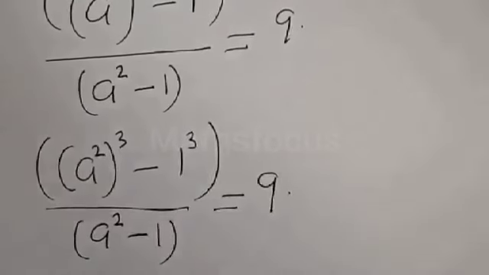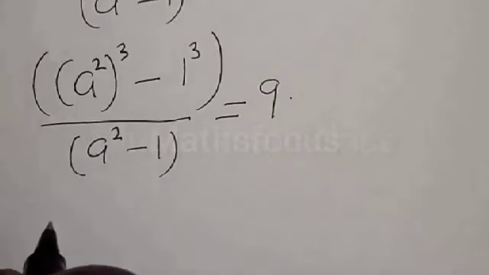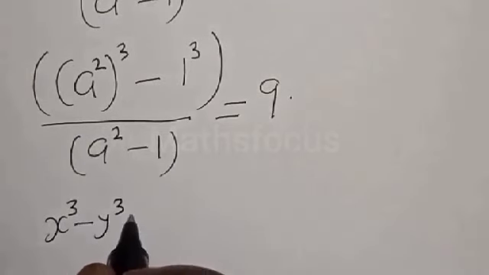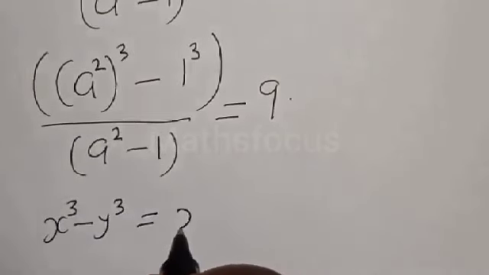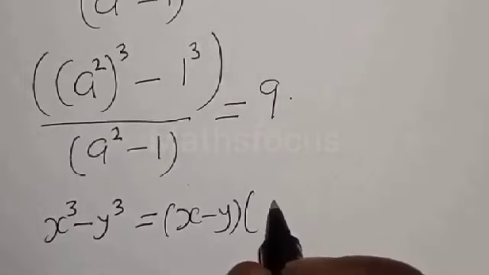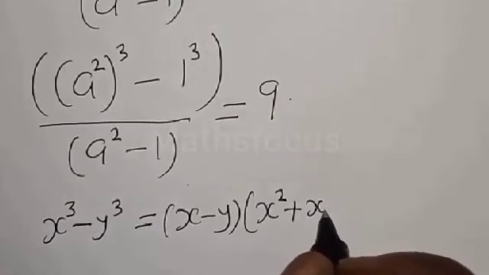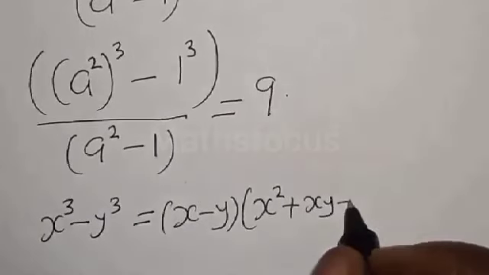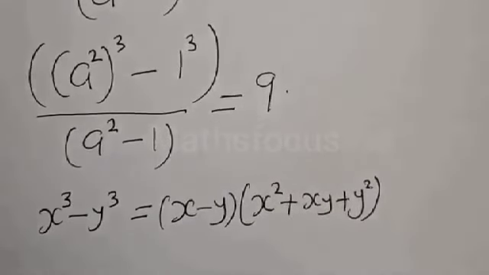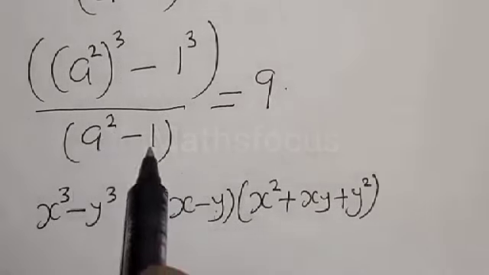Now remember this expression: if you have x cubed minus y cubed, it is the same thing as x minus y multiplied by x squared plus xy plus y squared, where x is equal to a squared, and y is 1.